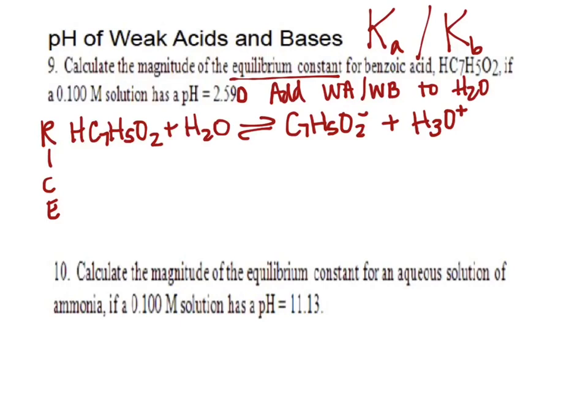Our initial concentration is 0.100 molar of our weak acid. Water goes away, it's not in our equation. And we have nothing of our conjugate base and our H3O plus.